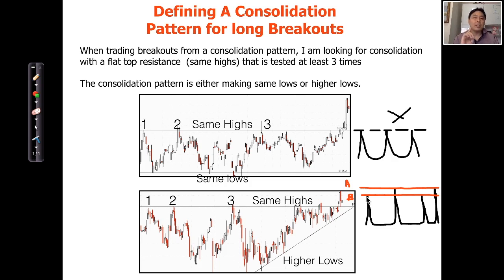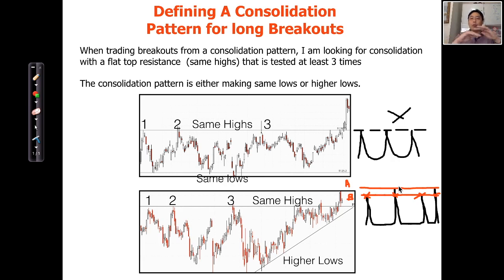Because line B is more significant because it was touched more times. You can see line B was touched once, twice, 3 times a lady, just kidding, and 4 times. So to me, B is a stronger resistance. A was touched only twice.